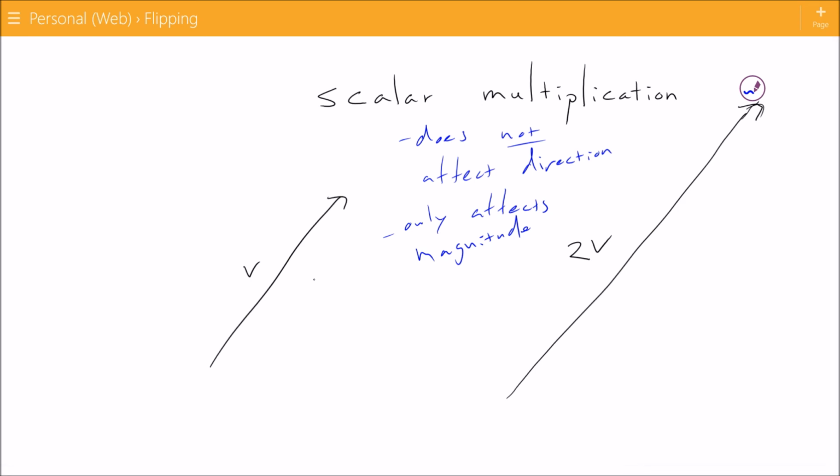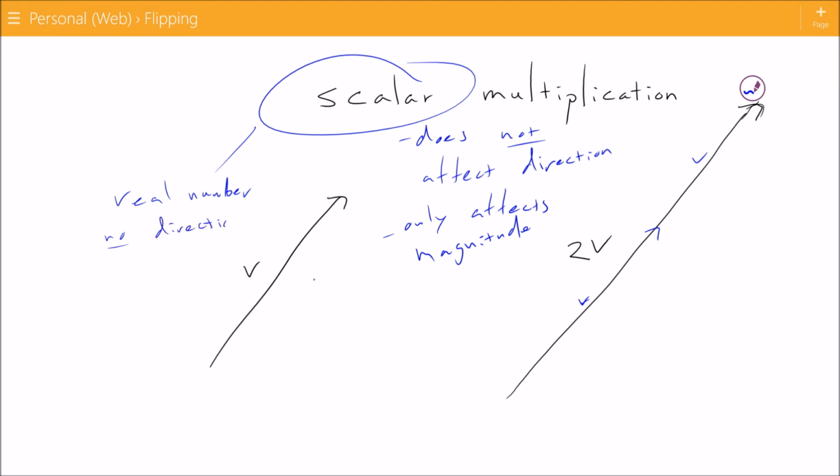I'm almost basically stacking 2 v's on top of each other. You could think of it as this could be a v, and then I could have another v right there. Same thing. And a scalar is really a real number. Okay, it has no direction. It's just a quantity. So you can use this as well to manipulate vectors.